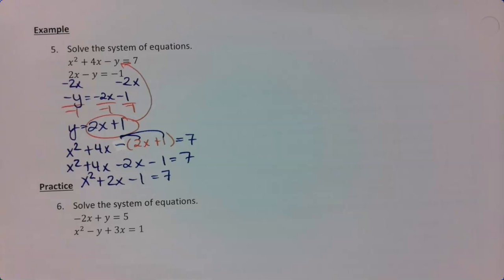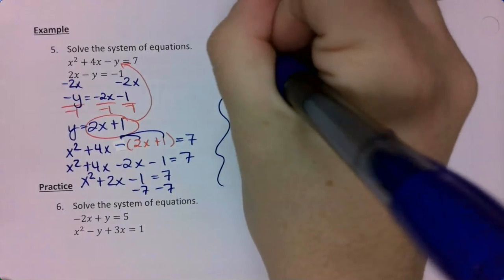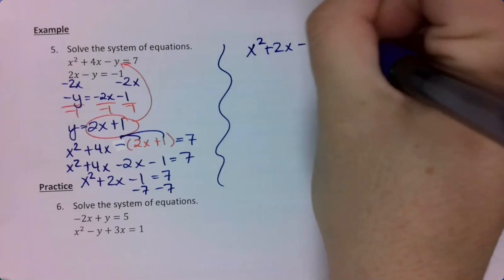Okay, then what? This is a quadratic, so what do I like doing with quadratics? Yes, I want to move the 7 to the other side because I like setting my quadratics equal to 0. So this is going to give me x squared plus 2x minus 8 equals 0.